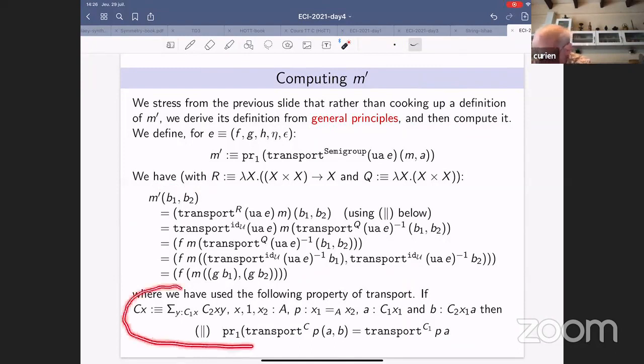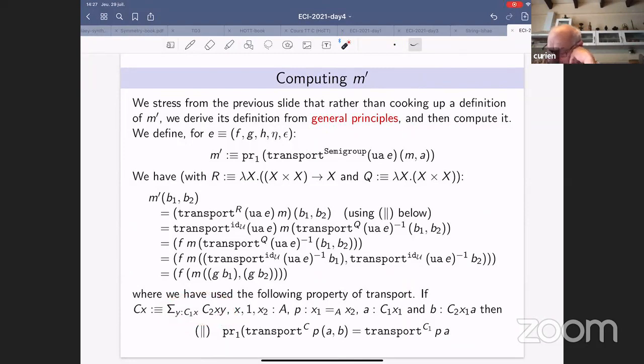Okay, so here we need to read this for the moment. So suppose I have a type family C, which is of this form. Cx is actually a sigma type, whose first component comes from some type family C1, depending on X, and whose second component comes from some type family C2, which depends on X and Y, because it's itself a dependent type.